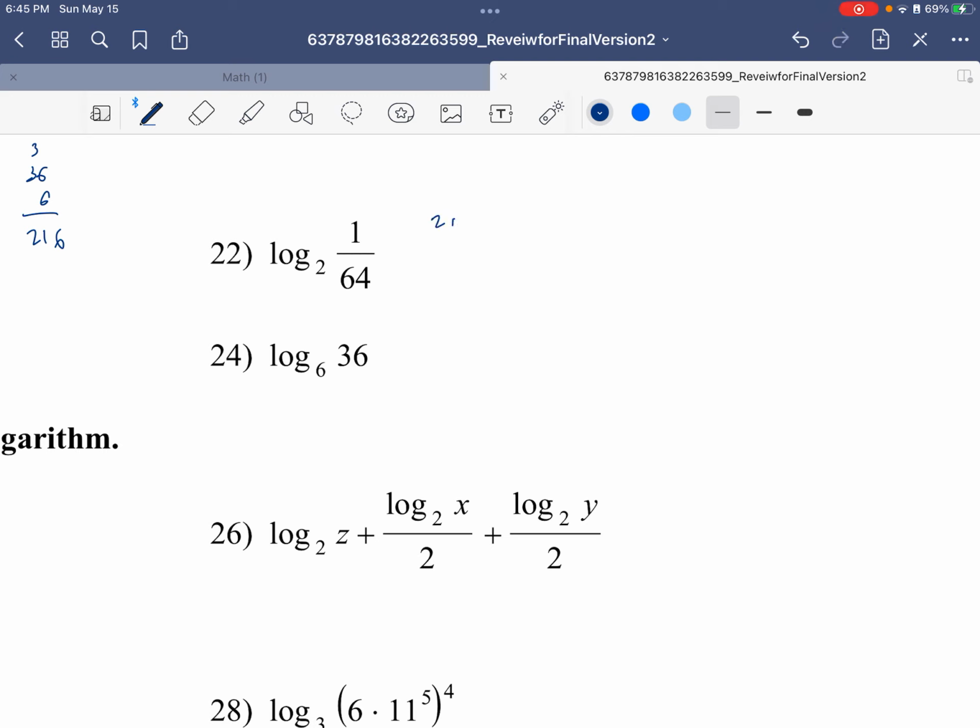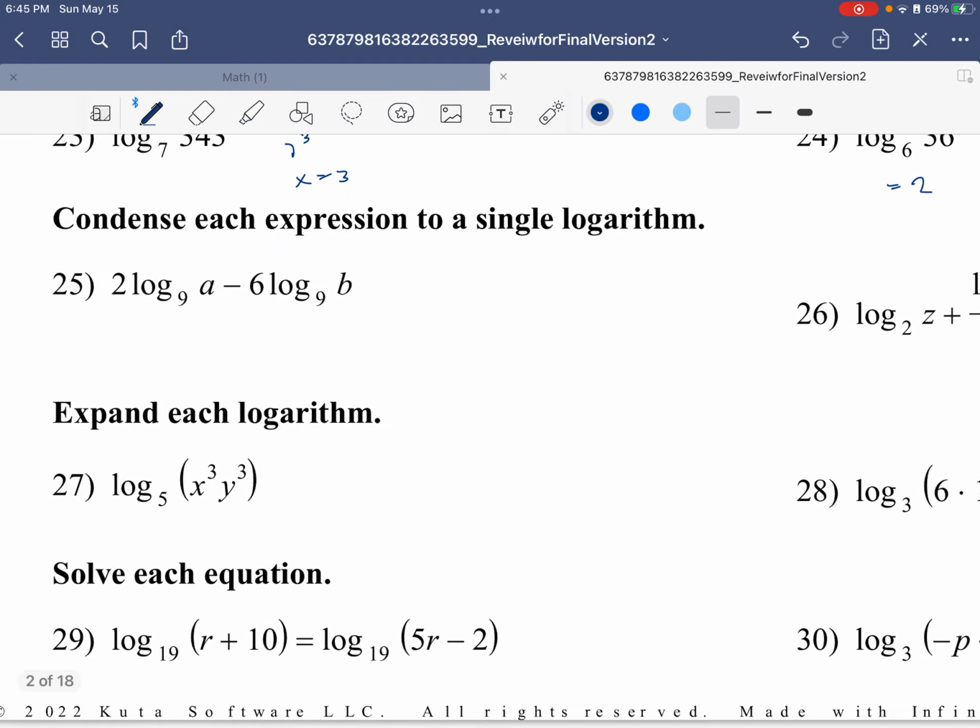So we know 2 to the power of 6 is 64, so 2 to the power of negative 6 would equal this. So x is equal to negative 6. And down here, everyone knows 6 times 6 is 36.